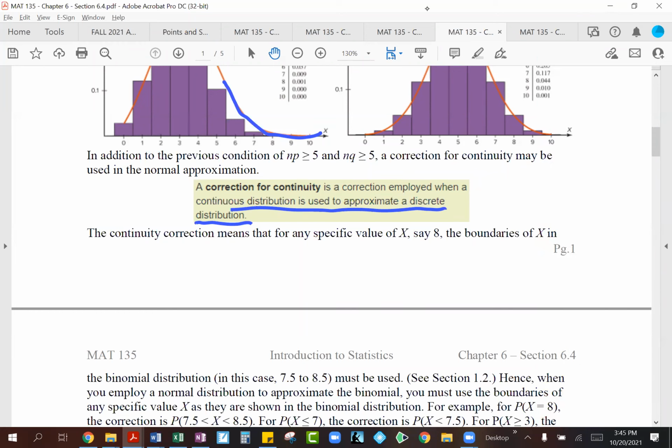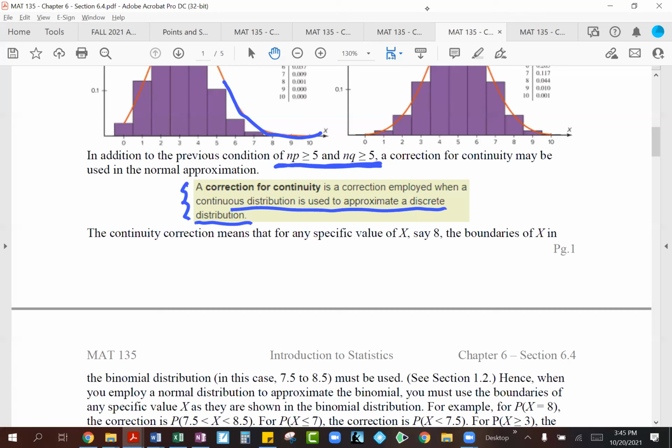So that's where we talk about this idea of correction for continuity, because obviously you are using two very different types of variables to do this approximation. So there will be some correction you will have to do, and that's where this idea of checking for n times p comes in.